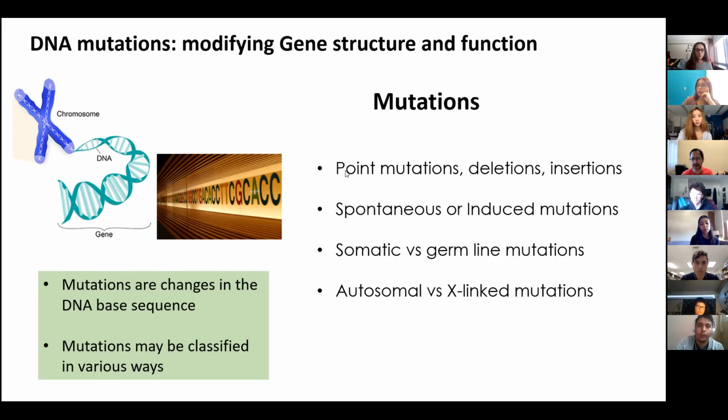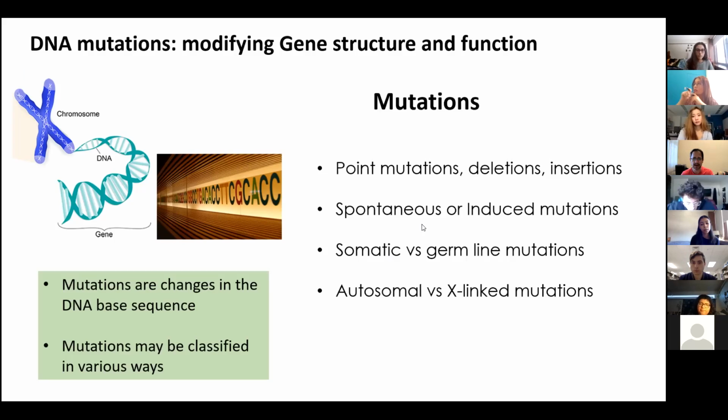First, we can classify them as point mutations, when it involves only one single nucleotide pair, or deletions or insertions, when it involves more; we're going to see an example later. They can be spontaneous or induced mutations. They can be somatic or germline mutations, and they can also be classified as autosomal or X-linked mutations.